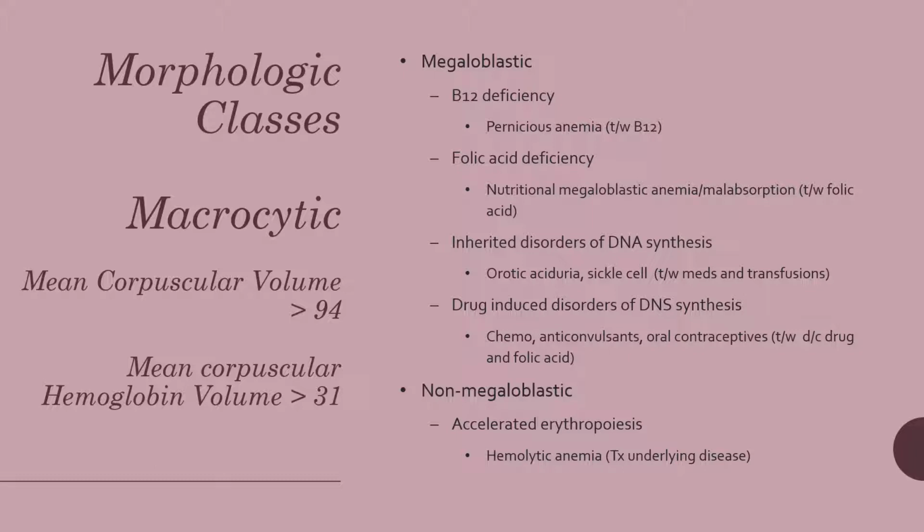So what is the average volume of the red blood cell found in the bloodstream? In megaloblastic or macrocytic anemias, we are going to see this being greater than 94. We're also going to see that the mean cellular hemoglobin volume is probably going to be normal or higher, and so it will be greater than 31.